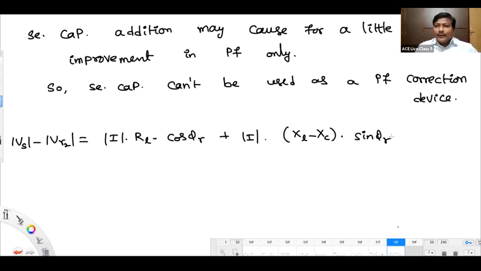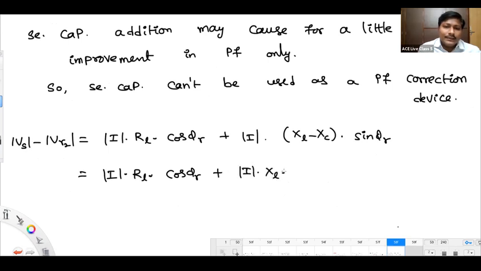So |I| RL cos phi r plus |I| XL sin phi r, and minus |I| XC sin phi r.